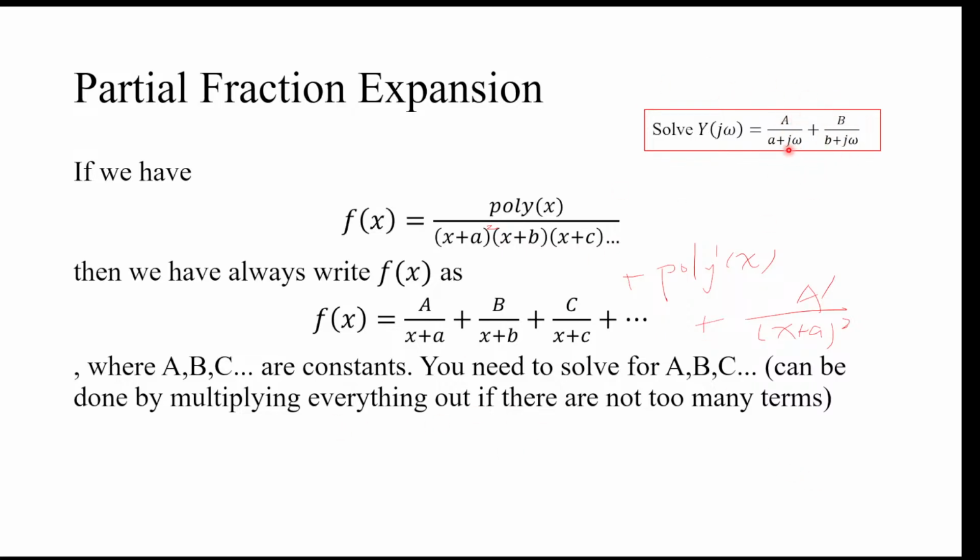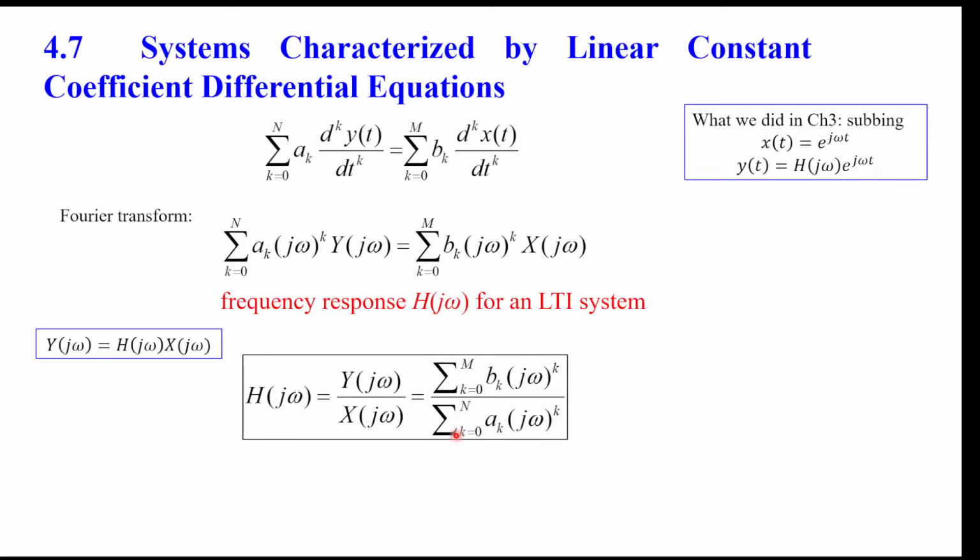So we have a whole bunch of something over a plus j omega, something over b plus j omega, etc., and you can look up the table and invert those. And if you have a higher order partial fraction, you can also invert them with a more complicated formula. But then, to spoil a little bit, this was using Fourier transform to solve differential equations.